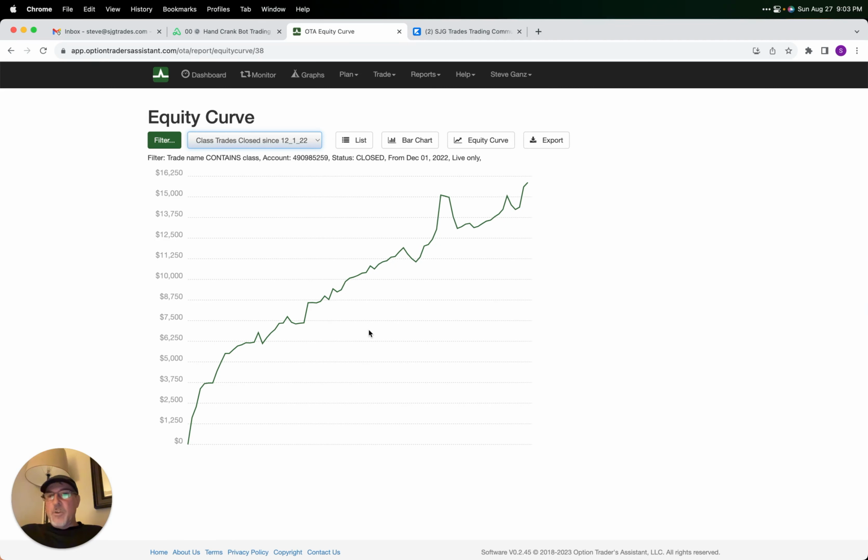So it could be anywhere from $5,000 in risk on open trades up to about $12,500 in risk. As you can see, this represents well over 100% return over these months based on the amount of capital that is generally being used.